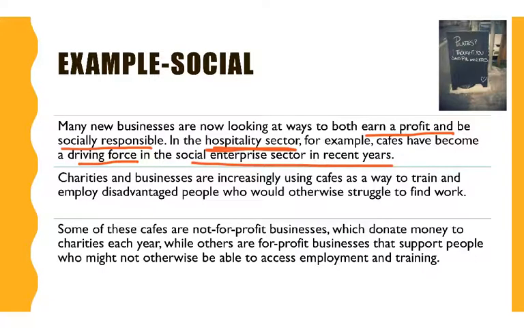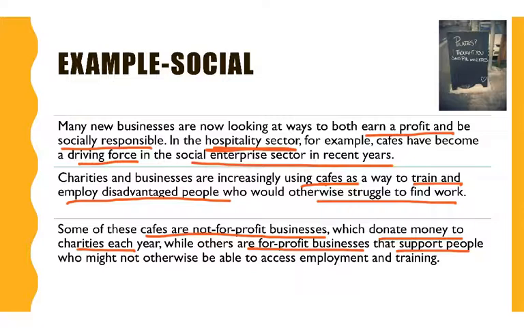Charities and businesses are increasingly using cafes as a way to train and employ disadvantaged people who would otherwise struggle to find work. So people who are unemployed, homeless, refugees, etc. Some of these cafes are non-profit businesses. So they donate money to charities each year, while others are for-profit businesses that support people who might not be able to access employment and training.